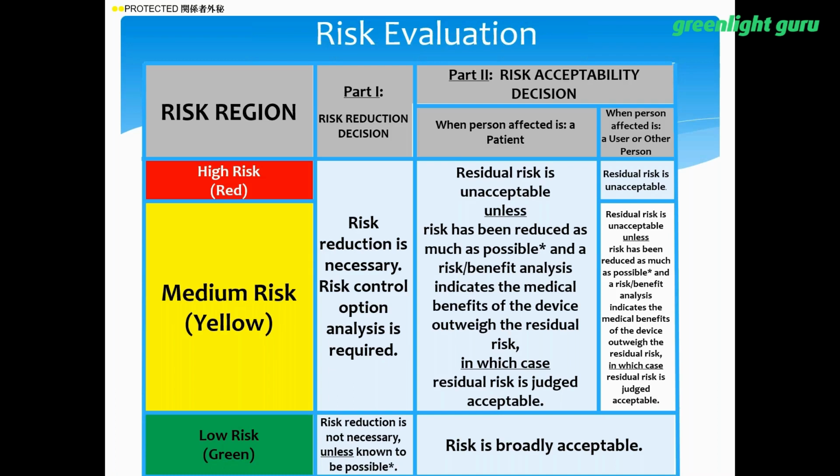When you are in the medium or yellow risk region, then going back again through the risk reduction decision, it's the same as it is for a red risk, the same as it is for a patient if they're affected.